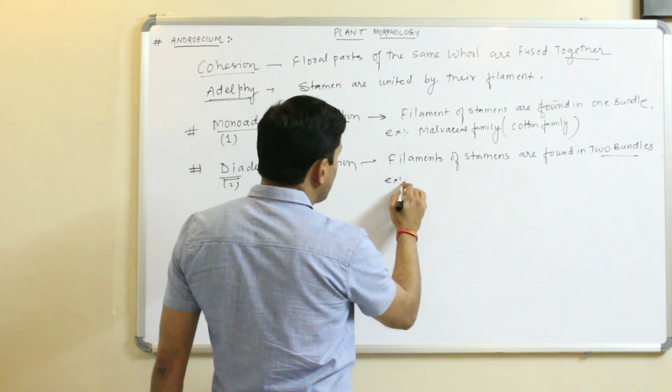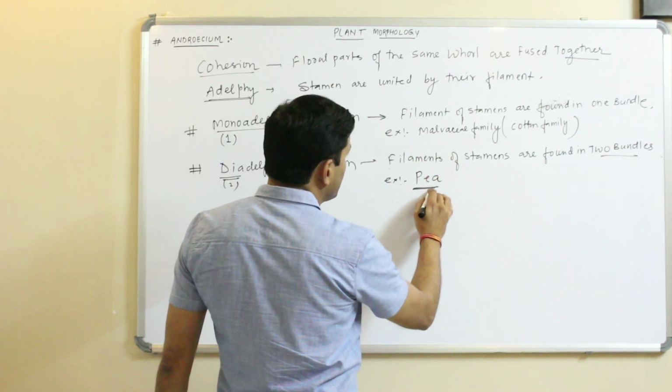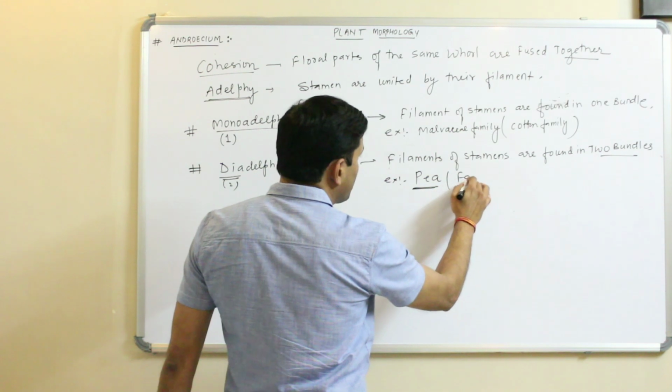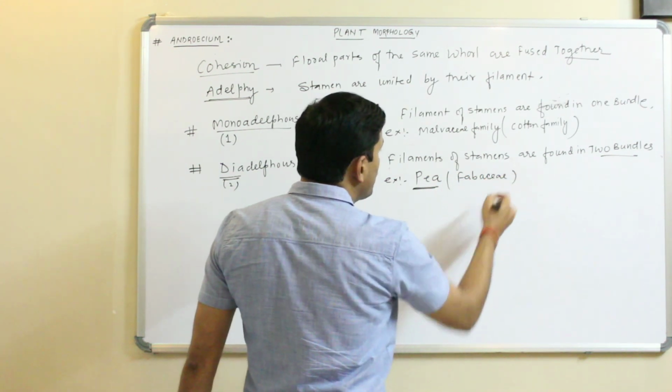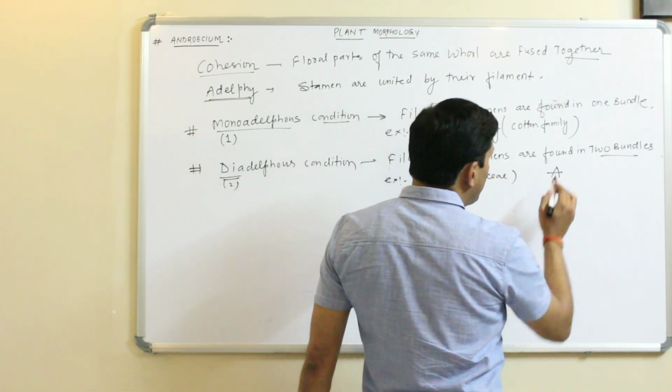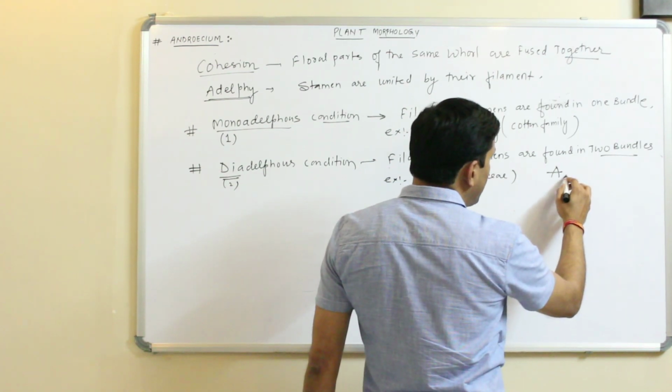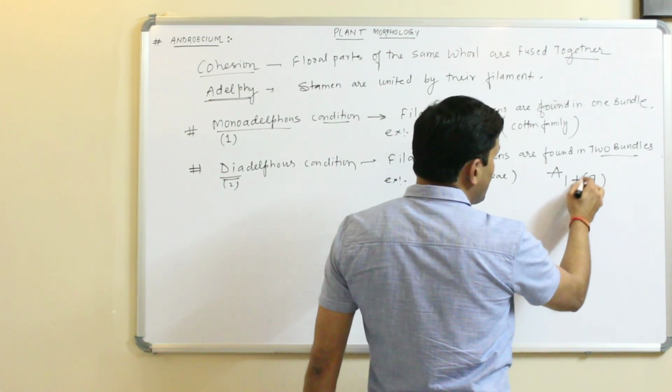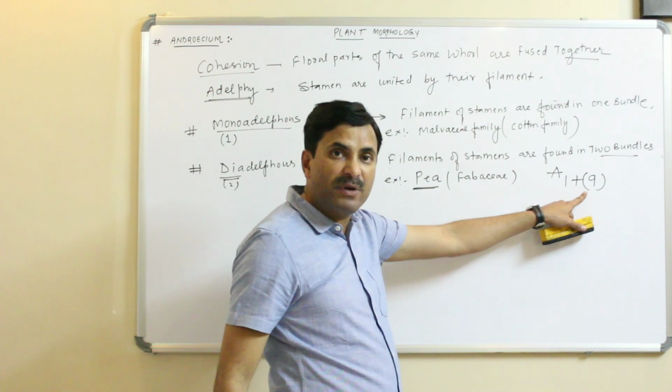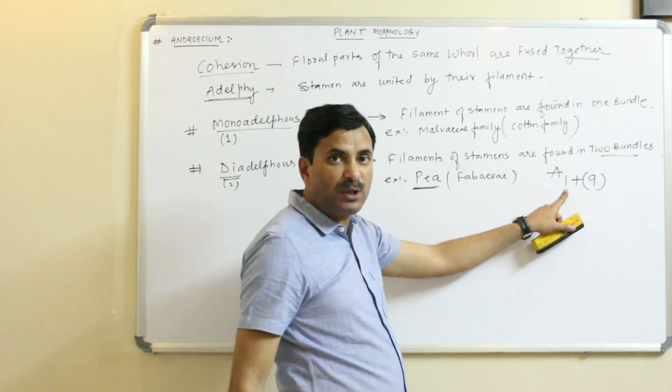The best example is pea, which belongs to Fabaceae. In pea, the number of stamens is 10, 1 plus 9. Nine are fused together and 1 is separate, so there are two bundles.